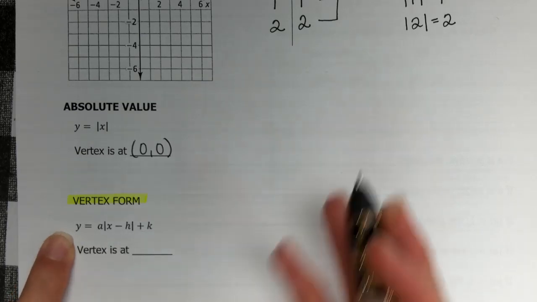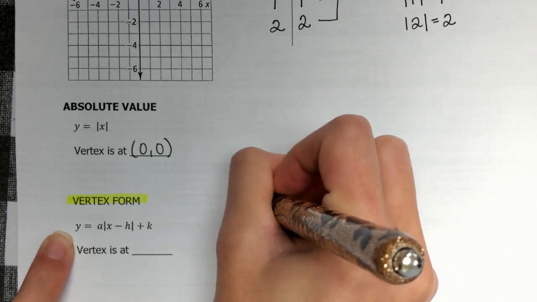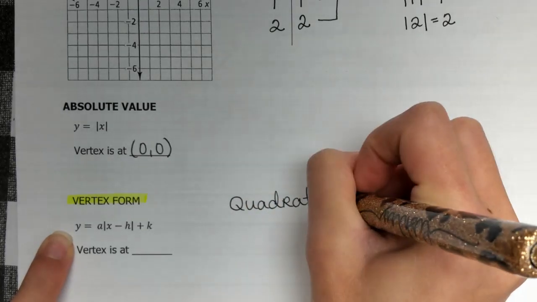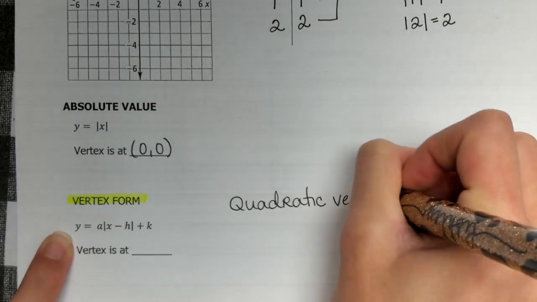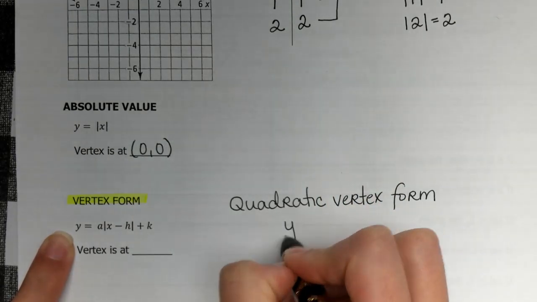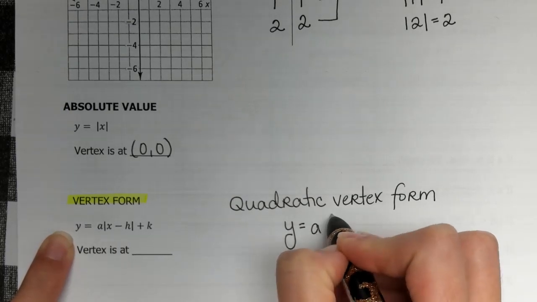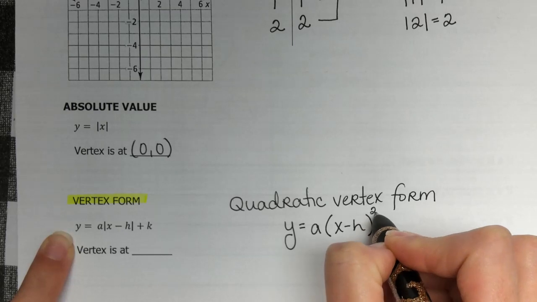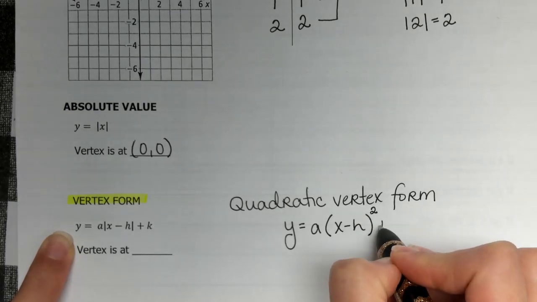Okay? When you did quadratics, the quadratic vertex form is y equals a, parentheses x minus h, quantity squared, plus k.